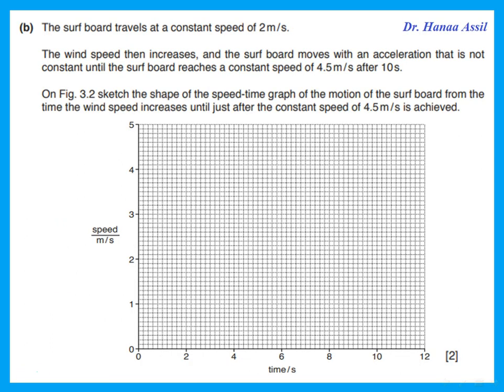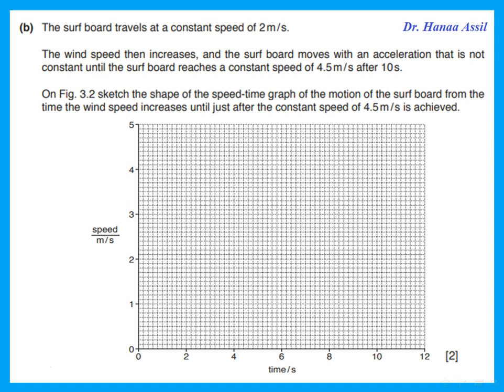The surfboard travels at a constant speed of 2 meters per second. Then the wind speed increases and the surfboard moves with an acceleration that is not constant until it reaches a constant speed of 4.5 meters per second after 10 seconds.